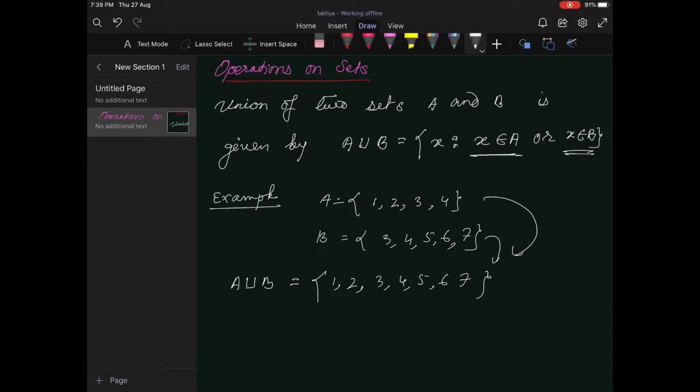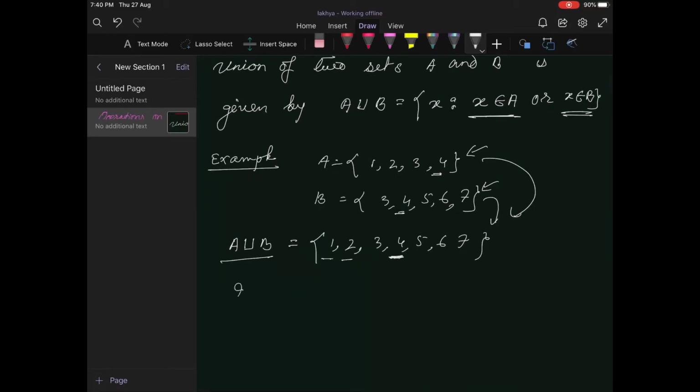All the elements in A and B must be in A union B. An element must be either in set A or set B, or it may be in both of them. But don't repeat the same element. Suppose 4 is in set A and B as well, but we have to write it here only once. So that is union.